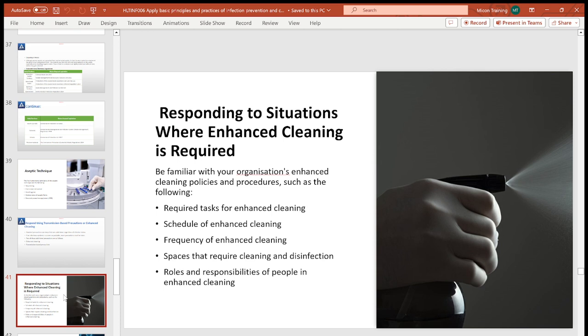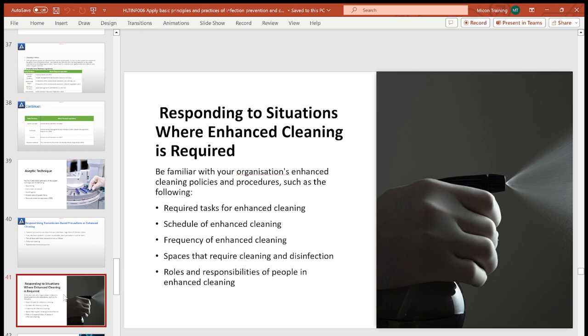While using enhanced cleaning, as we've all observed during COVID, we are required to do even more cleaning than we used to do. This is an example of enhanced cleaning.